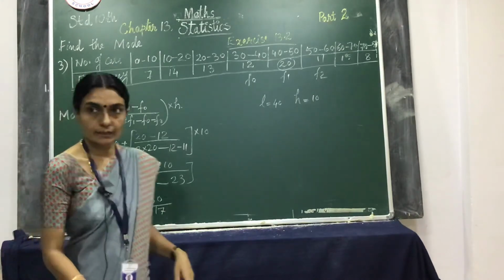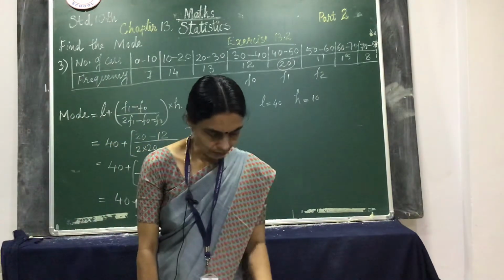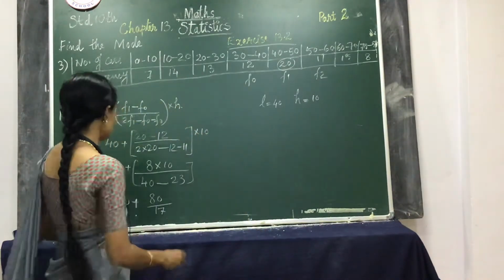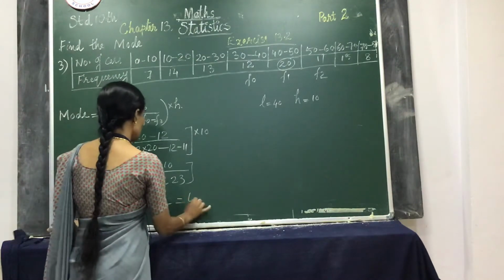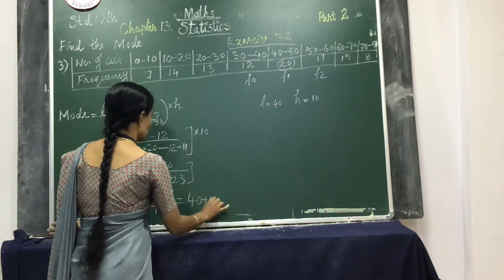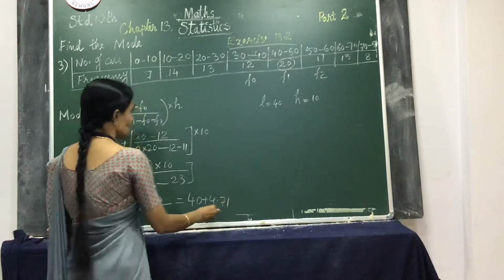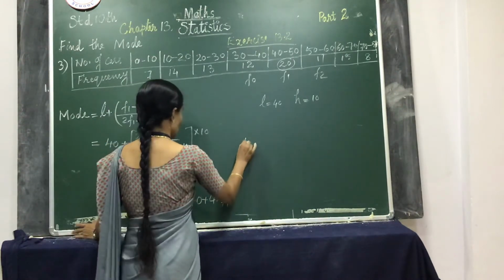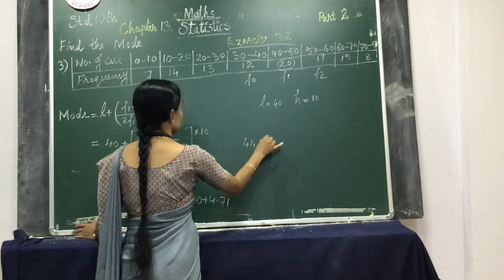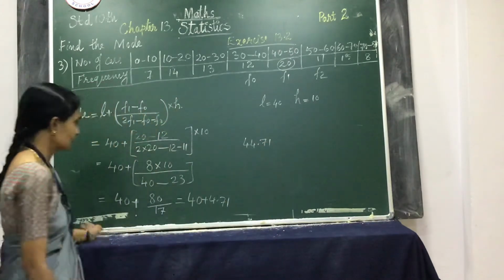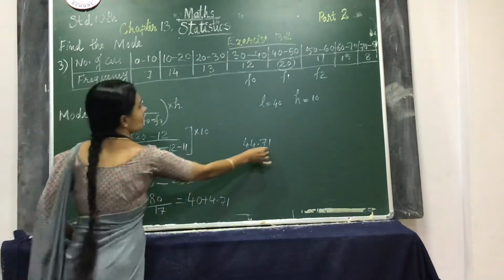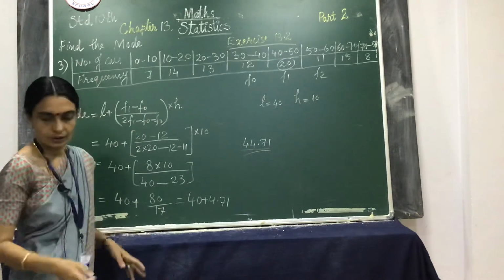So 80 divided by 17 is equal to 4.71. That is 40 plus 4.71. So the mode is equal to 44.71. This is the answer for this question.